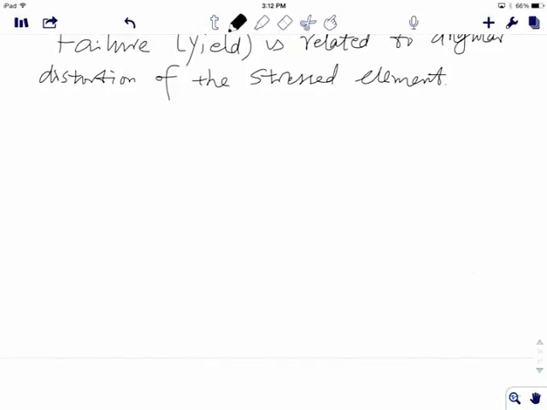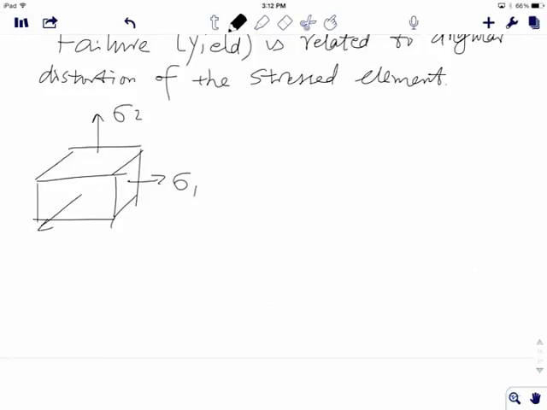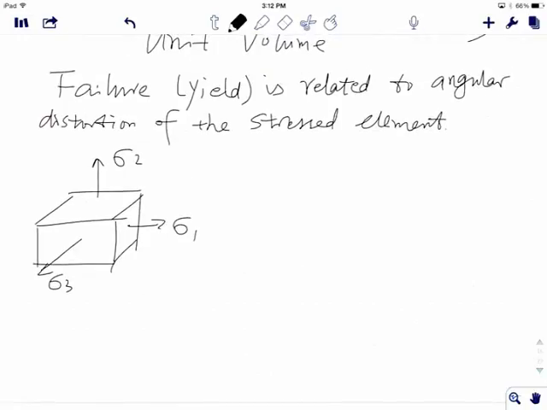So we start with an arbitrary loading condition in three dimensions. For example, you have sigma 1, sigma 2, and sigma 3. Yes, a stressed element. All right, so we started with the arbitrary unit cell. We have sigma 1, 2, and 3 on the 3 main axes, right? Only 3 normal stresses, no shear stress considered, right?